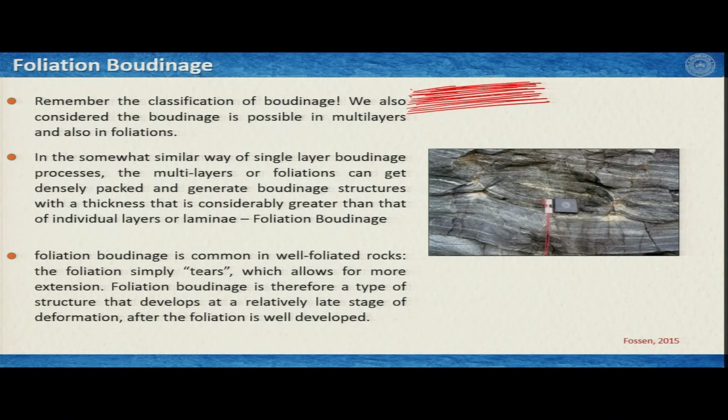But what is interesting in this kind of situation is that you are still applying a flow along the layers, and therefore, you can also imagine that there is a layer normal compression. Now, because the anisotropy is very high and layers are very thin, you can expect that a group of layers can fracture at one point of time or one after another.